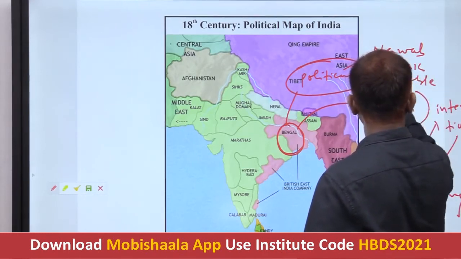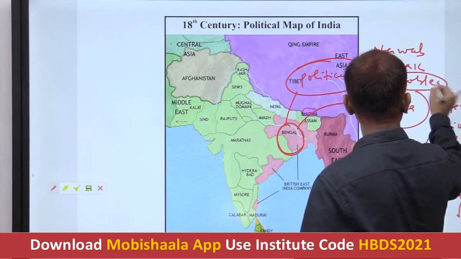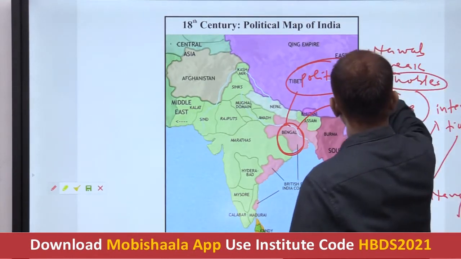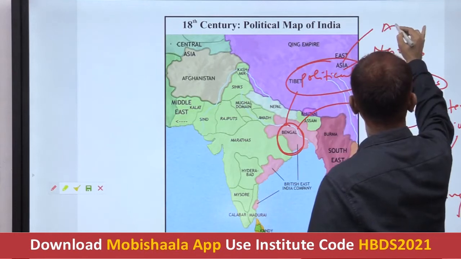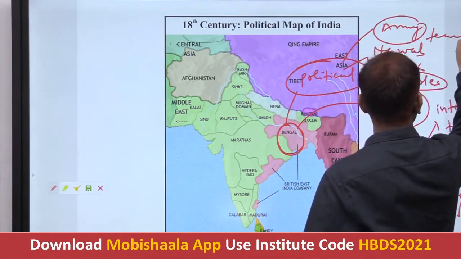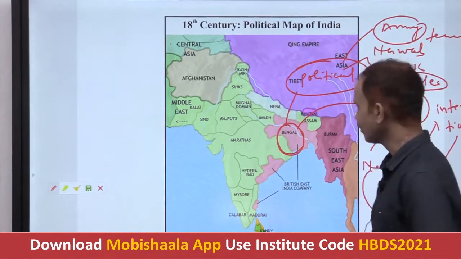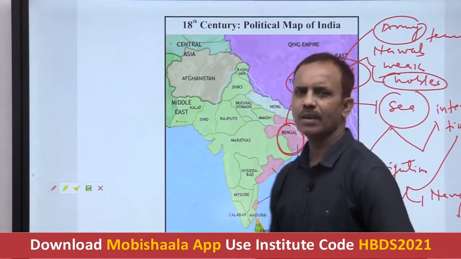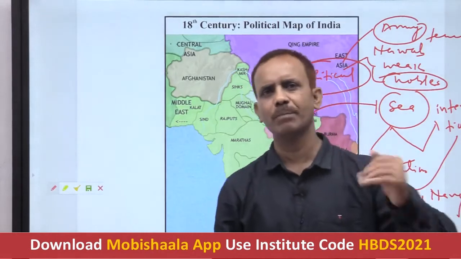Means he was not getting support of his nobles. The army of Bengal was also weak. It was feudalized. Administration was also feudalized. So Bengal was also conducive for British company.